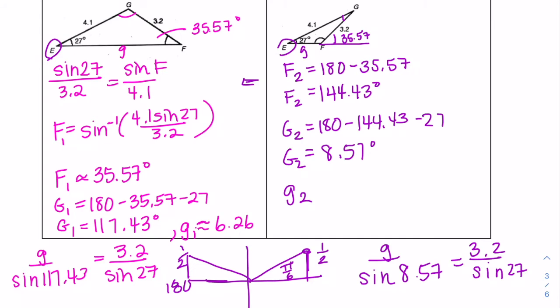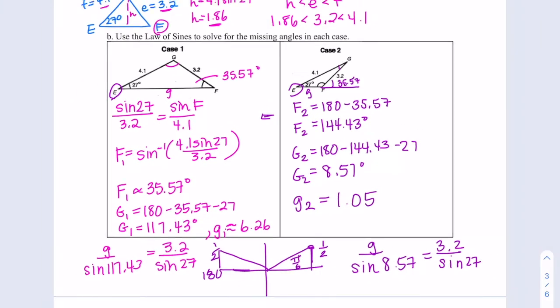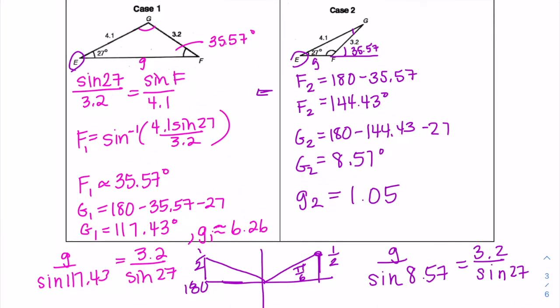And then just to solve for that, we know that the second G value would be about 1.05. So if you notice, we have two different cases, and to find that second case, we're going to use that angle F and find its supplement. And then from there, we can find the new angle for G and the different side for the second case.